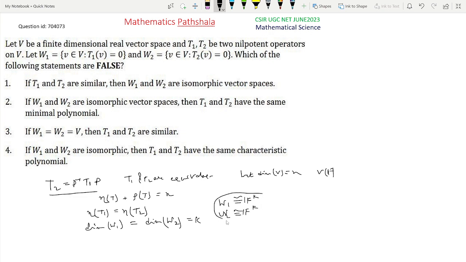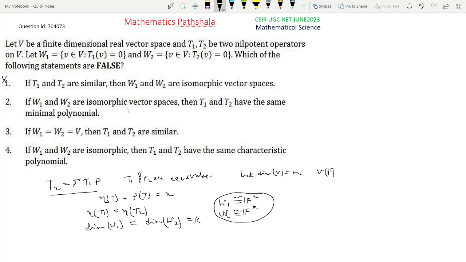So they are isomorphic. This is clear. So option 1 is actually true, so not false. We have to find those options which are false. So option 1 is not false, it is a true option.